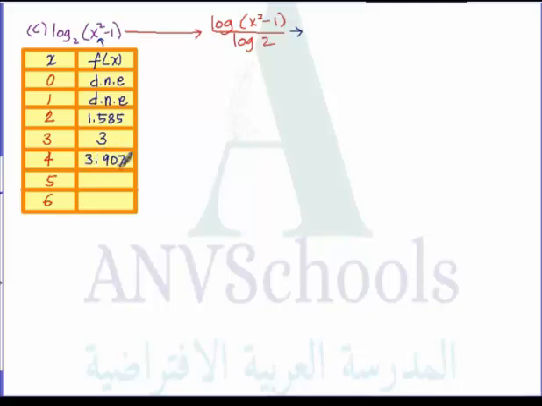When my x is 5, that's 24, log 24 divided by log of 2 gives me 4.585. And when my x is 6, that gives me 35, log of 35 divided by log of 2. So that will give me 5.129.